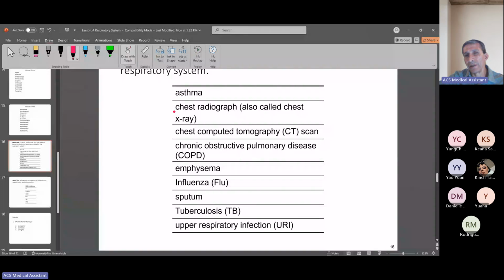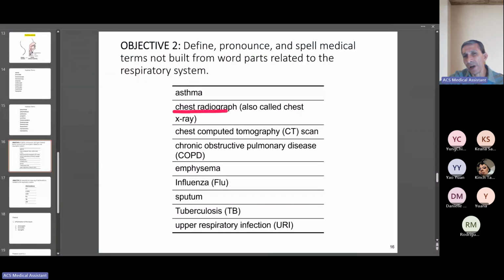Here we have another one, chest radiograph or x-rays. Chest, you cannot divide that. Radiograph, yeah, I can divide radiograph, but if I have combined it with chest radiograph, I cannot divide it. Graph is the suffix, O is the combining vowel, and radi is the word root.